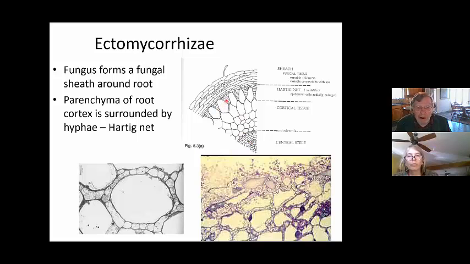Characteristic of this is the Hartig net, which is the hyphae that form between the cells of the cortex, and that's diagnostic to see if the shape of the root indicates a true ectomycorrhiza. They have to have a Hartig net, or they're not. And this is a micrograph of the cortex of the root with the Hartig net, the hyphae in between the cortical cells.